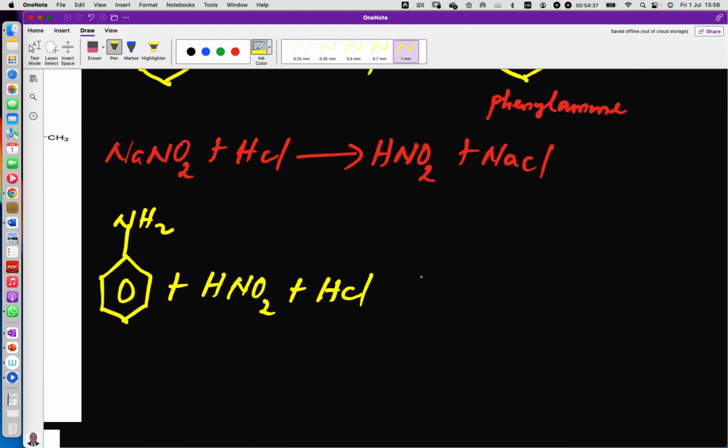When it reacts like this, a salt is formed, a benzene diazonium salt is formed. This is the salt. A benzene diazonium salt is formed, which is N, 1, 2, 3 bonds with another nitrogen, then a chloride.